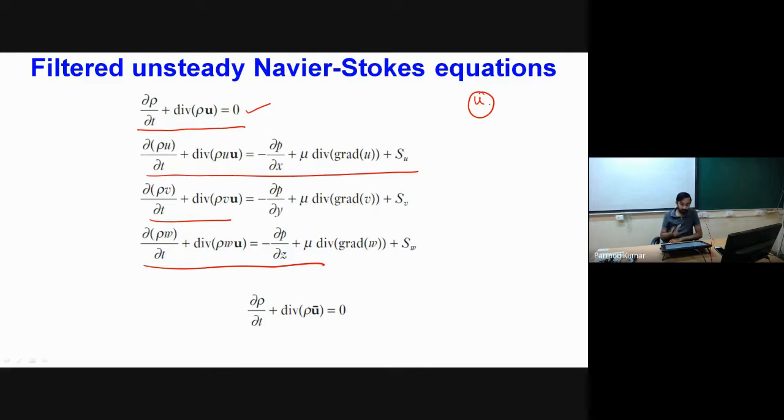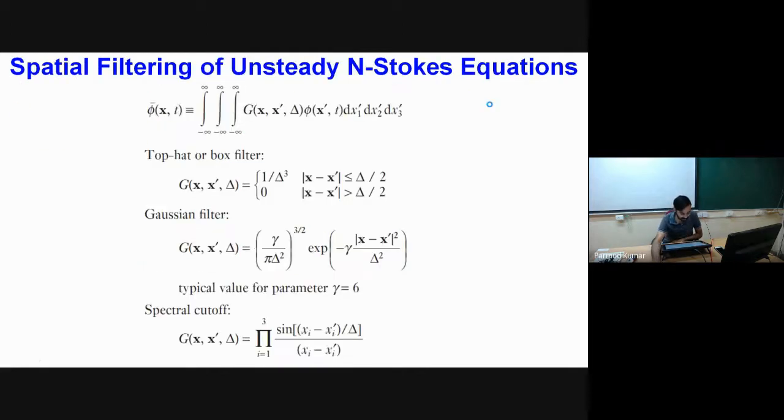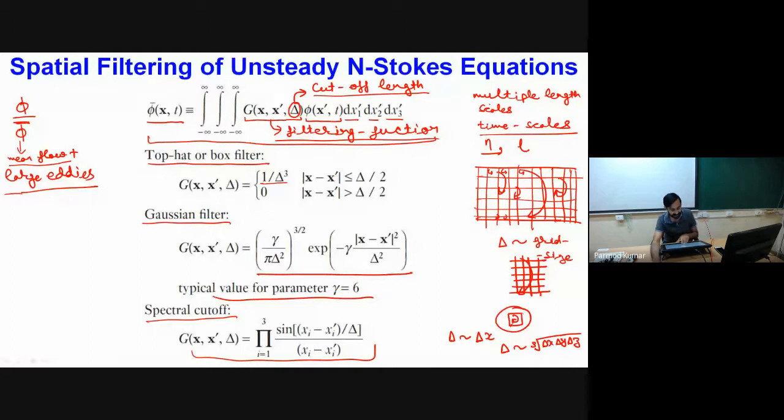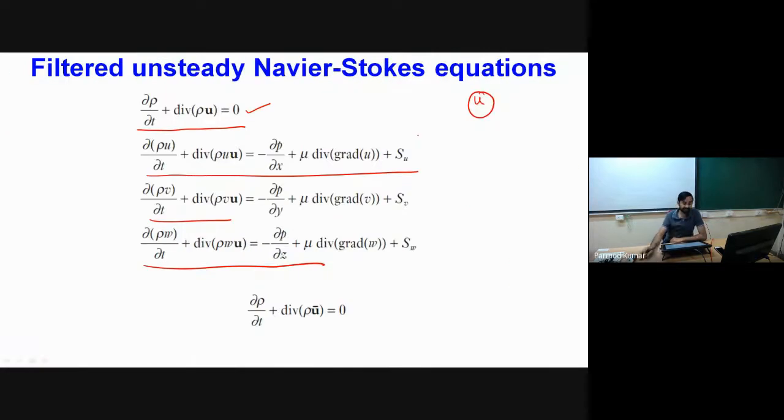Once we apply this step, multiplying the parameter with the filtering function and then doing the volumetric integration for an incompressible flow situation, let me write over here. We will get our continuity equation as del rho by del t plus divergence of rho u bar equal to 0.